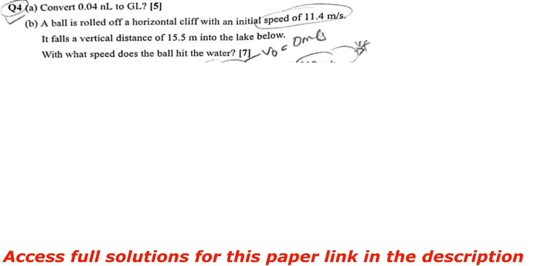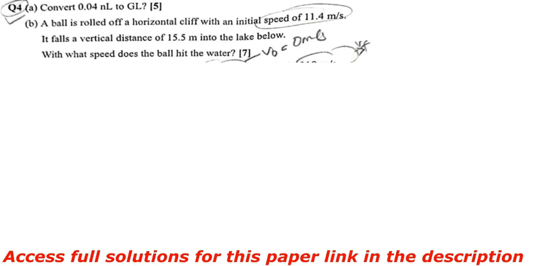So the question is saying convert 0.04 nanoliter to gigaliter. So it is something that is simple, and in most cases I think they do give, to say 1 giga is equal to maybe 1 nanometer. I don't know, but they give.